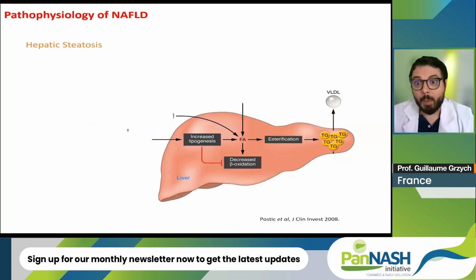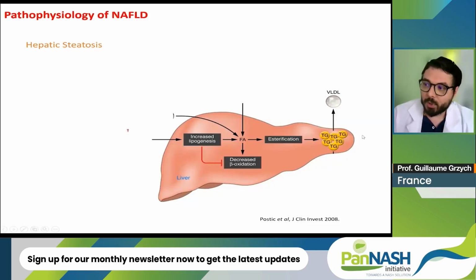Before talking about the markers, we need to know globally the pathophysiology of NAFLD to be able to choose a good marker. With good knowledge of the pathophysiology, you can imagine the good marker. In case of hepatic steatosis, what is hepatic steatosis? Hepatic steatosis is an accumulation of fatty acids and especially triglycerides in the liver.